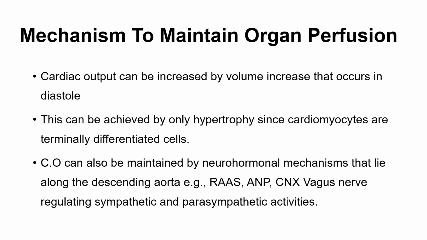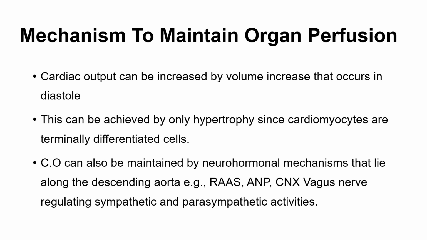So the body has to get blood and oxygen. Now the heart will be told it has to maintain blood supply. So we are going to look at the mechanisms by which the heart is able to achieve this. Despite it failing, it still needs to provide blood. Cardiac output can be increased by volume, and this occurs during diastole.